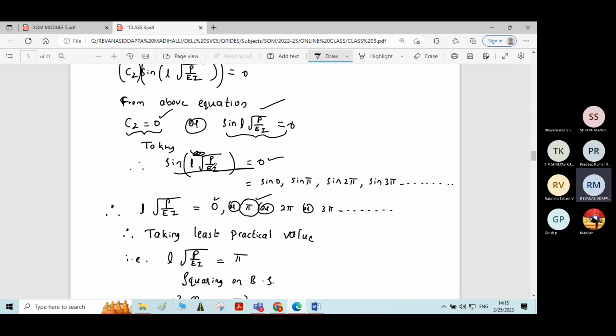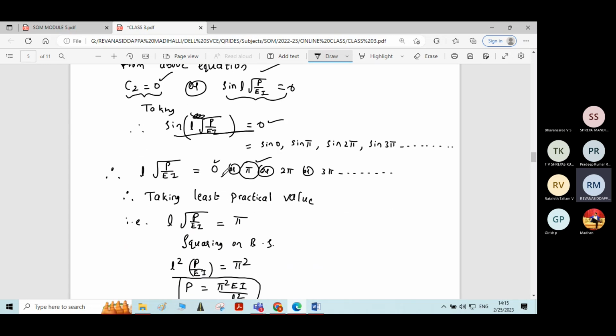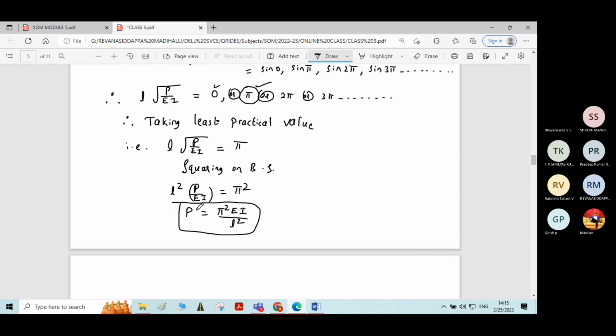Therefore, the bracket term L root P by EI must be equal to 0 or pi or 2 pi and so on up to n pi. Considering the least practical value, that is pi, the first value, L root P by EI equal to pi. Squaring on both sides and simplifying, we got the expression for the buckling load or the crippling load for the column when both ends are hinged. That is P is equal to pi square EI by L square.